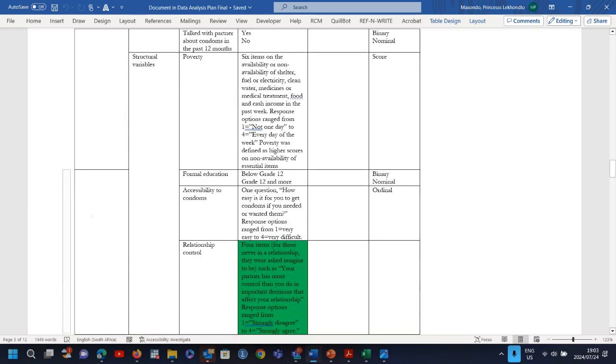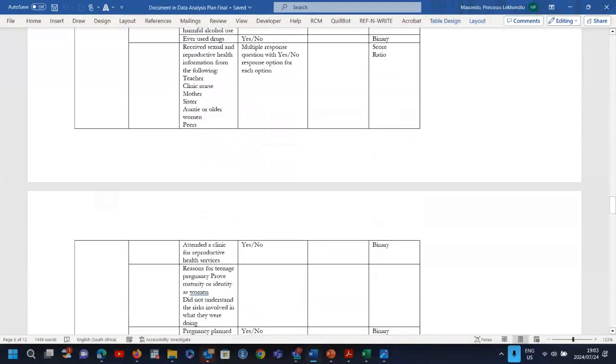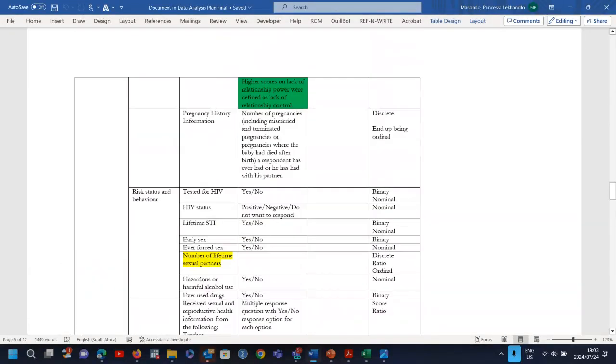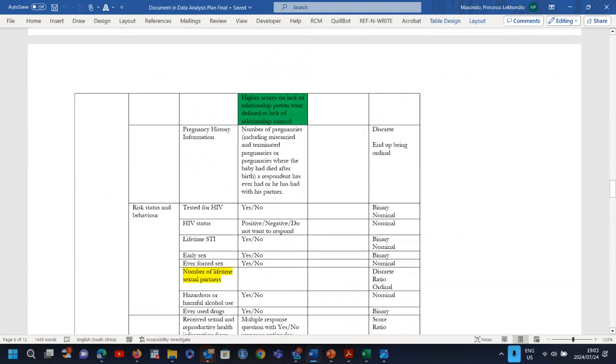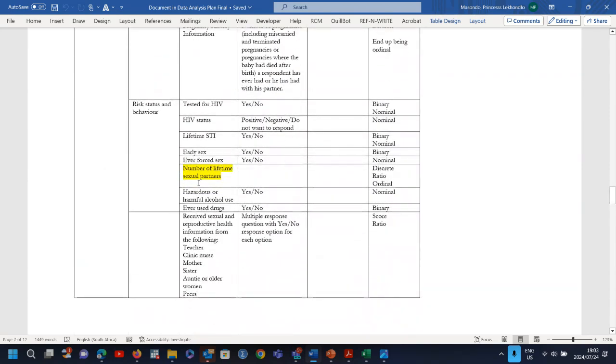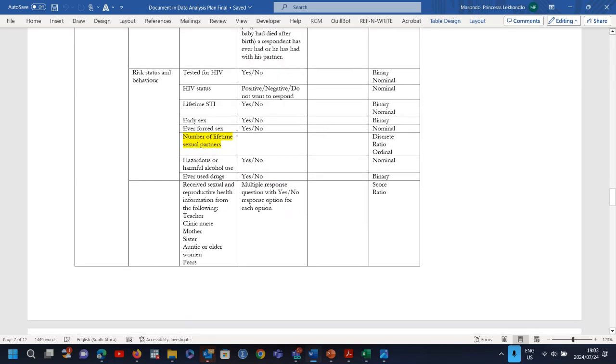Another one is going to be ordinal. I wanted us to look at this one. It will depend on the responses that you get. I've highlighted it to use as an example.